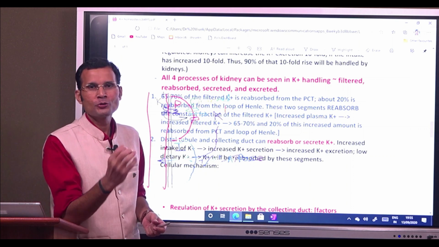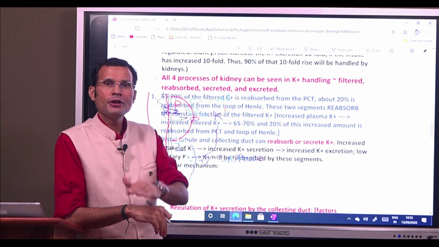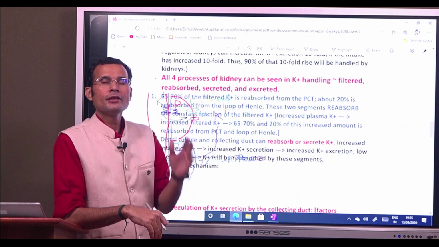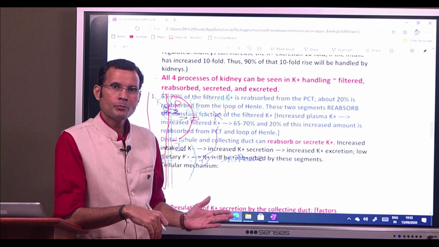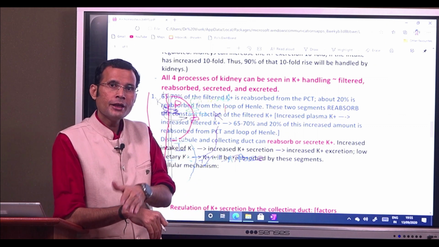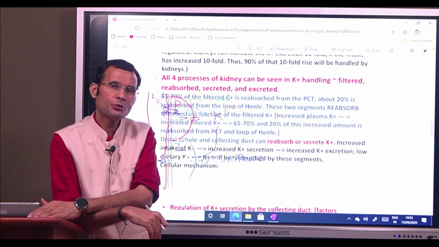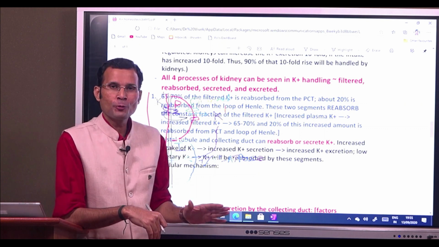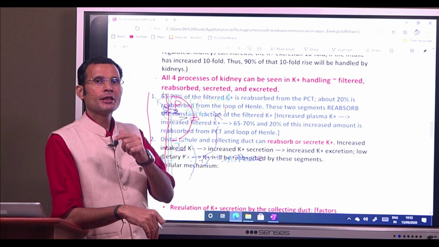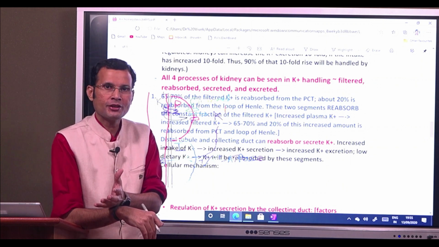What are those four processes I am talking about? Glomerular filtration, then reabsorption by the tubules, then secretion into the tubules, and also excretion into the urine. All four processes: filtration, reabsorption, secretion, and even excretion.